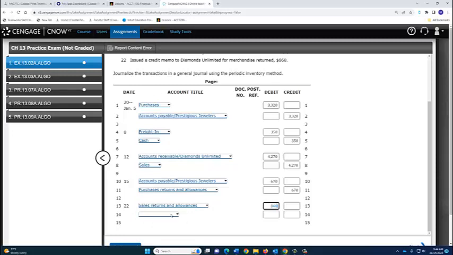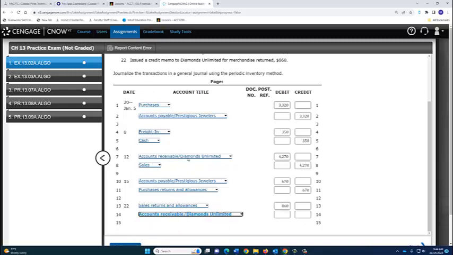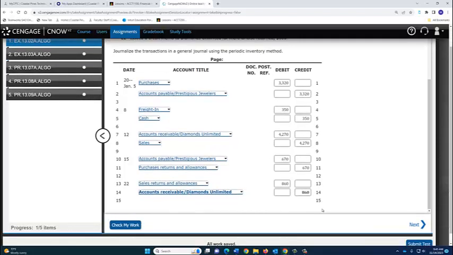And now we will credit our accounts receivable. We were expecting to receive $42.70, but since the customer returned $8.60 worth of merchandise, we're going to reduce the amount that we're going to collect from them by $8.60.